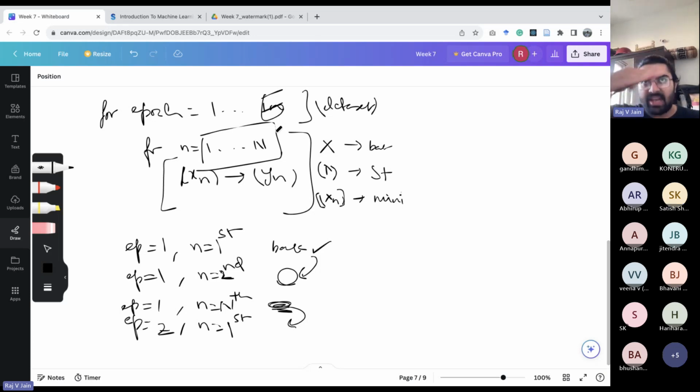The point where the validation error starts increasing, the model has overfit. So there's no point training it anymore, and you stop the training at that point. You keep the maximum number of epochs at a large value, like 1,000 or something. Or in general, I'll break the loop when I reach the error resolution I want.